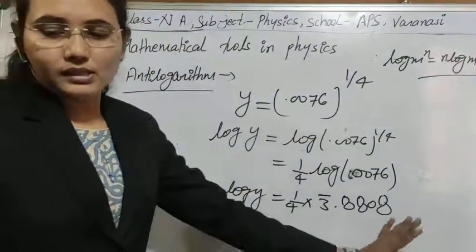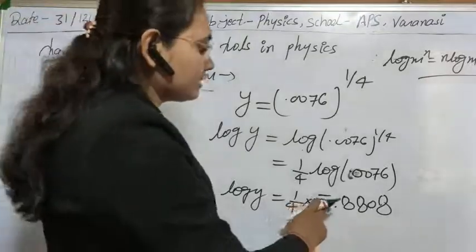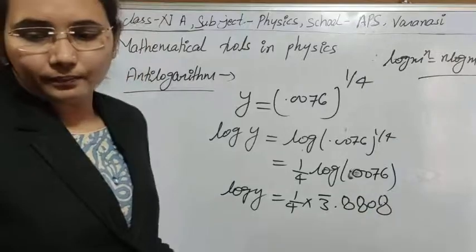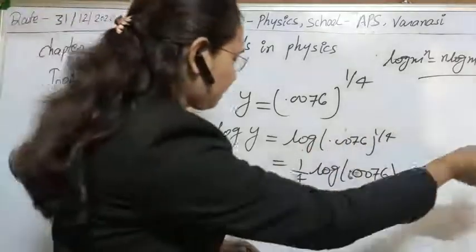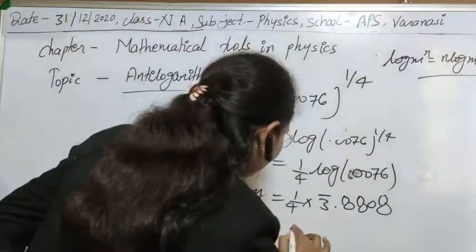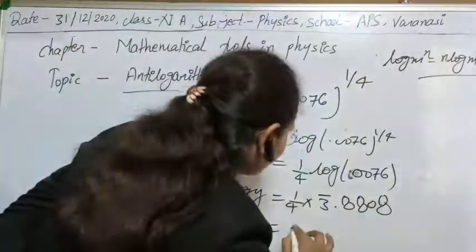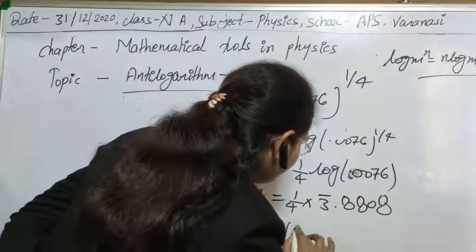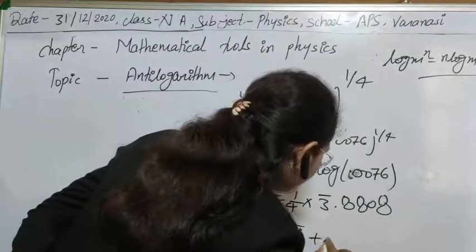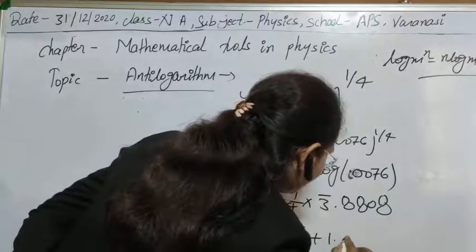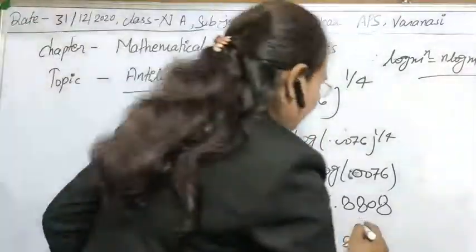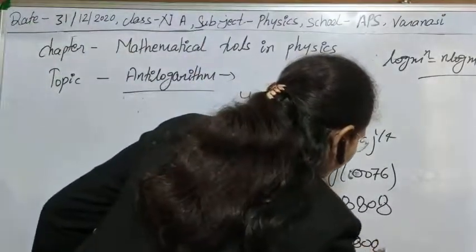So if we have these things, you can write this value as 1 by 4 bar plus 1.8808.